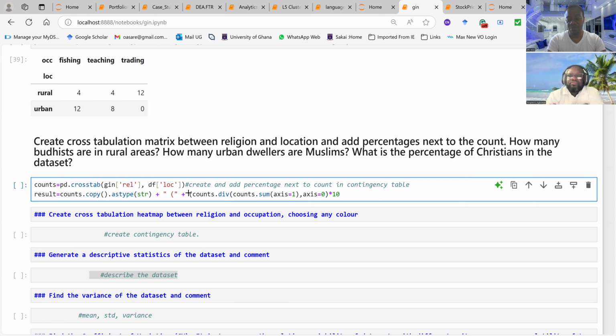Let's round it. We can do a rounding of the whole result. Let's round it to the nearest 1 decimal place.